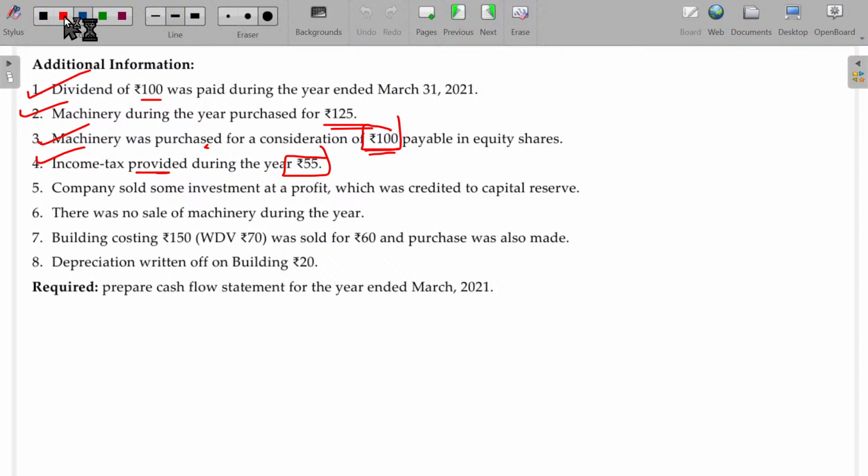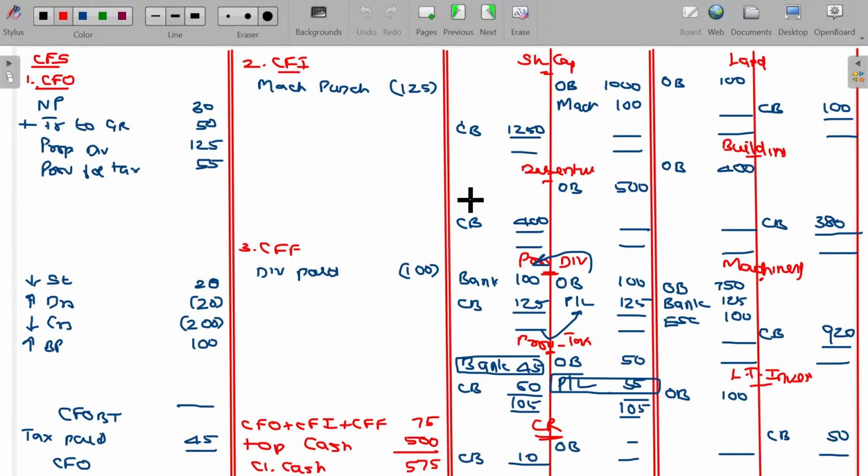Now, 51. Company sold some investment at a profit, which was credited to the capital reserve. Some investment was sold; we are not aware of the cost of the investment sold, but because of the sale there is a profit. That profit is available in the capital reserve.